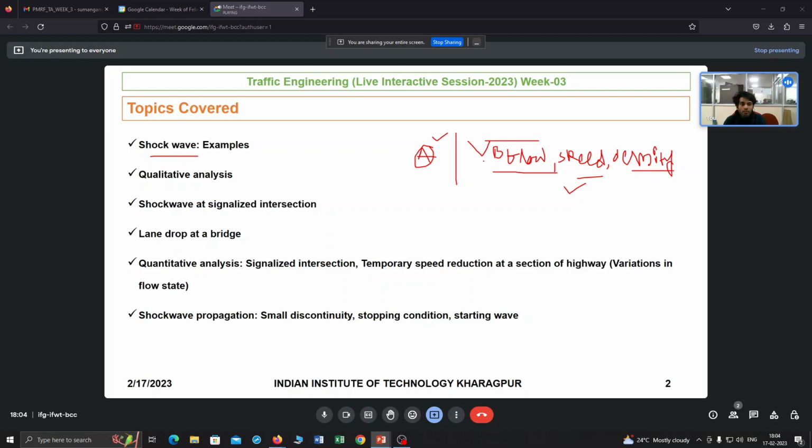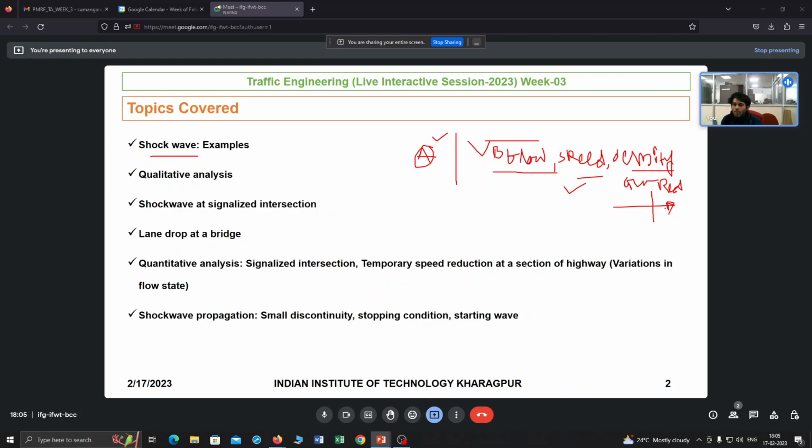Why is it a wave, and why is it a shock? We can look at it using an example. Suppose there is a signal intersection, it is red right now, it is green. Vehicles are passing whenever it is green.